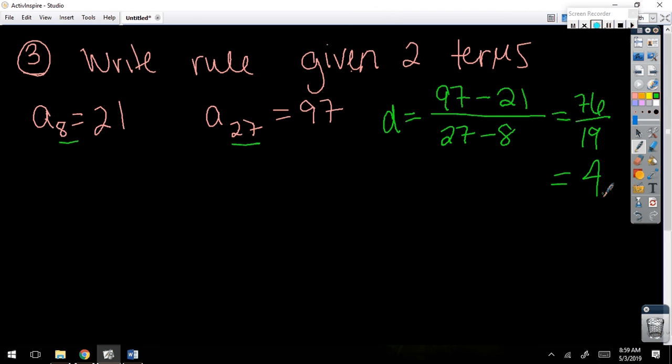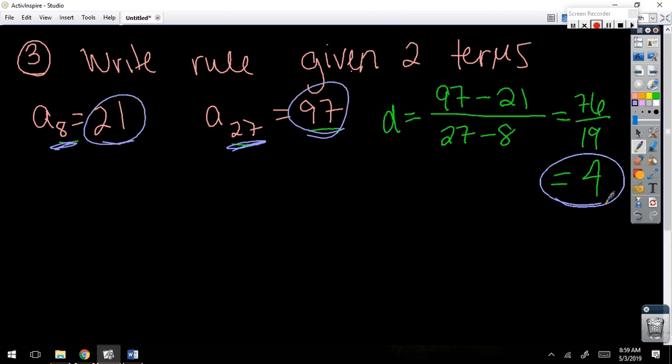So in general terms, subtract the terms and divide by the difference of the term numbers themselves. It'll give you the difference, okay? So now I'm back to scenario 2. I've got the difference, and I can pick either one of these to use to plug in.